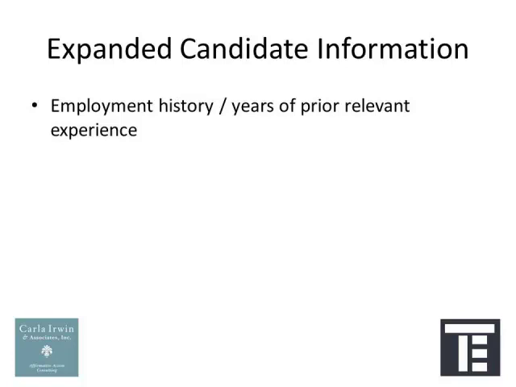The kinds of things you want to keep in that applicant tracking system are employment history and years of prior relevant experience. Sometimes this information will come from the actual job application itself. Sometimes somebody will attach a resume to the job application. It's important to record that employment history, and it's particularly important to capture the years of prior relevant experience if you have prior experience requirements as part of the qualifications for that position.